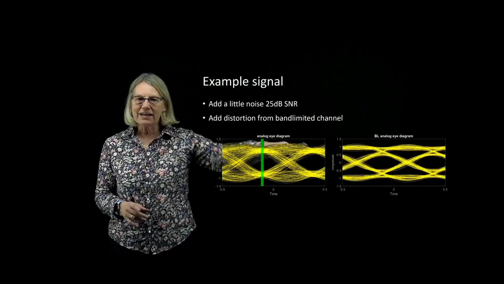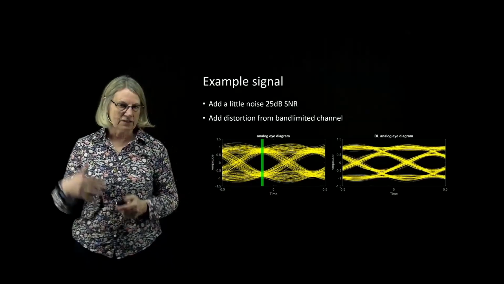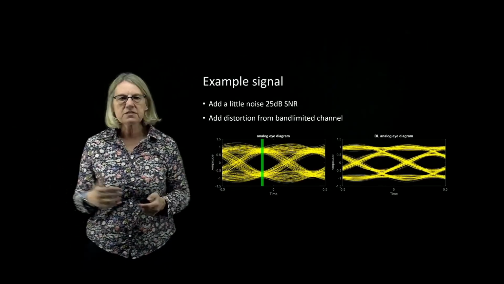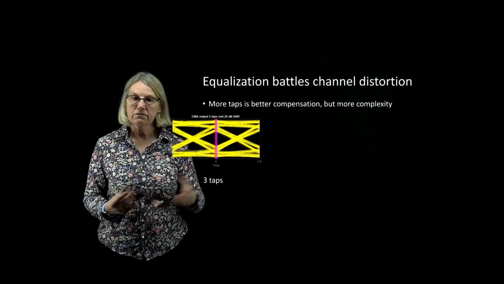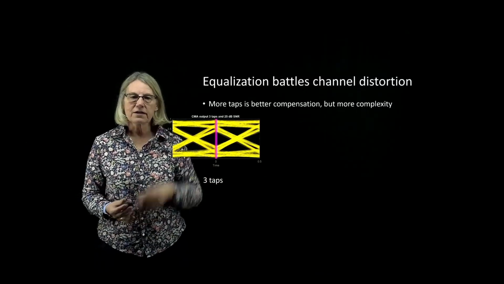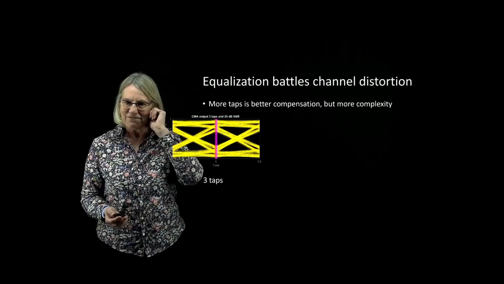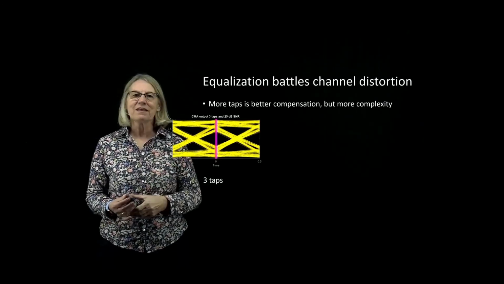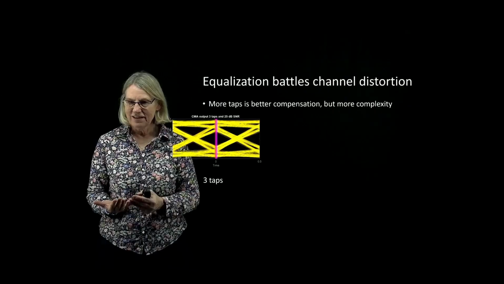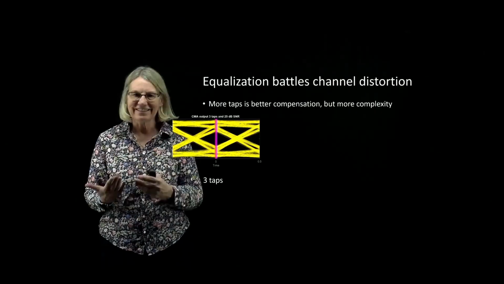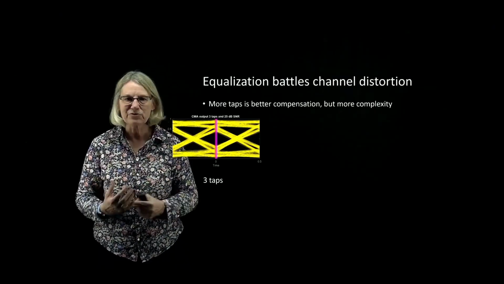Again, these are the analog sampling of the eye diagrams. But if I was going to sample them at, let's say, 3 taps, if I was going to equalize them, I could try to combat the distortion that was introduced.